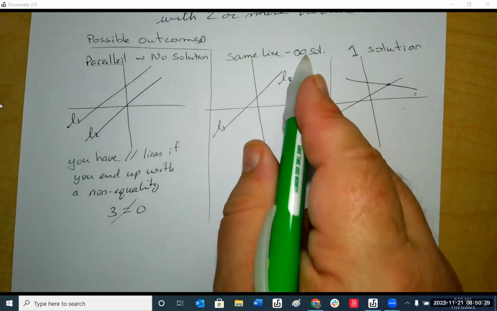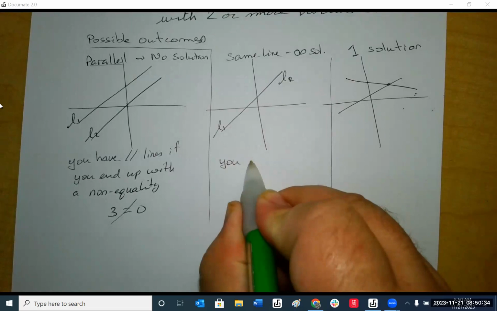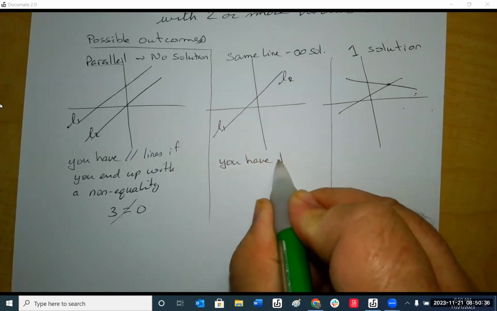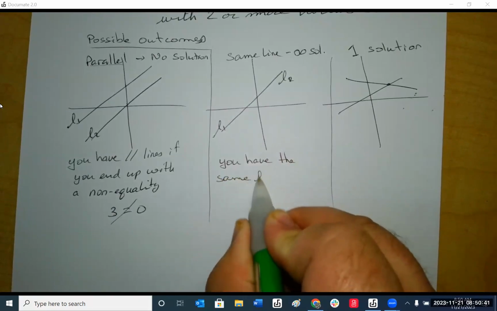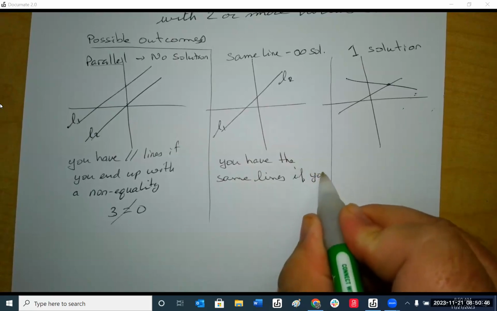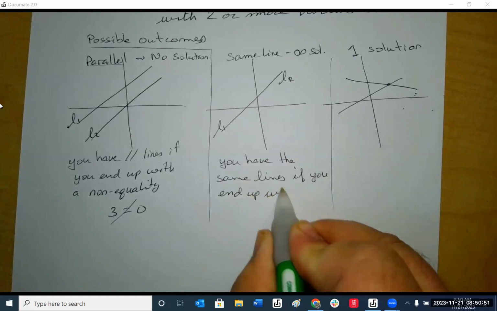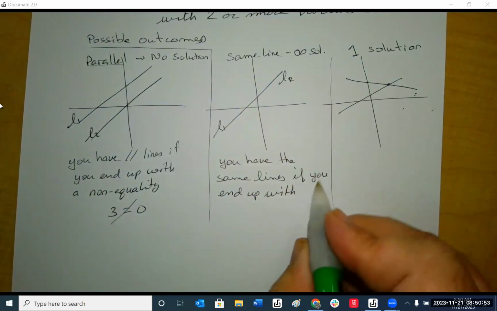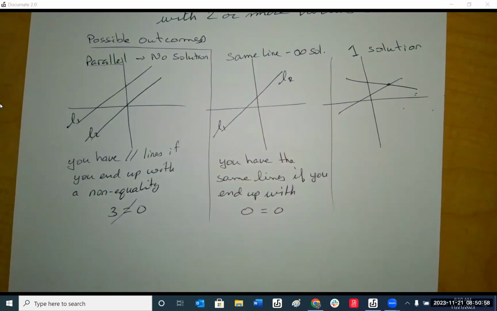So when you have infinite solutions, you have the same lines if you end up with 0 equals 0. Everything else is gone. You end up with 0 equals 0.